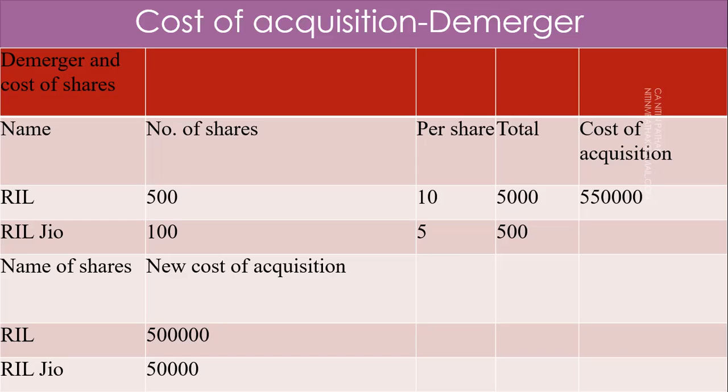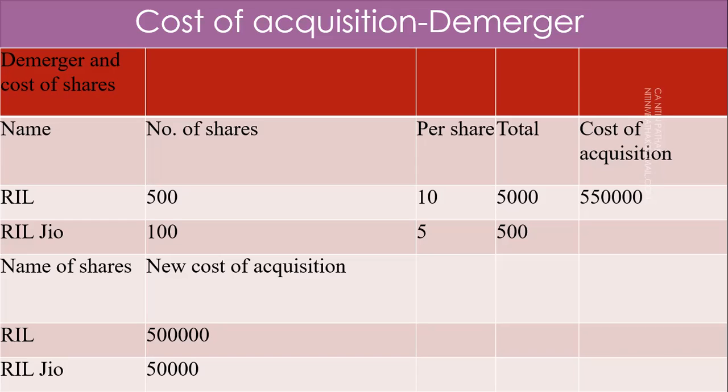Out of that, Reliance has been demerged, and I have been given 100 shares of Reliance Jio in lieu of 50 shares of Reliance. The value which was there at 10 here would be considered as 5. So out of 550, I keep 500, and my 50 shares go out. For the purpose of calculation, the new cost of acquisition would be 5 lakh for RIL and 50 thousand for Reliance Jio, proportionate on the basis of the above example.